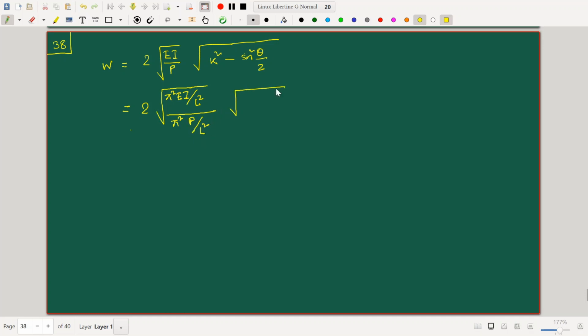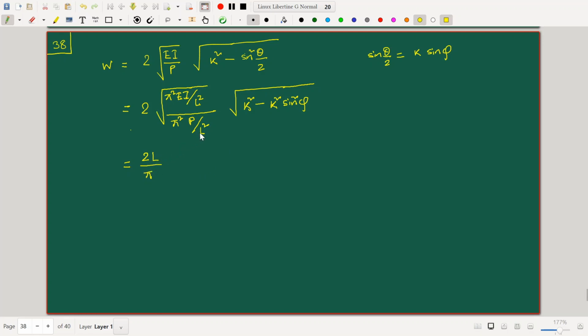Okay, this term here will be K square minus, now you please note that earlier I had used this sine theta by 2 is equal to K sine phi. All right, so this thing is going to be K square sine square phi. All right, so what I'm basically getting here is that this is going to be twice L by pi.